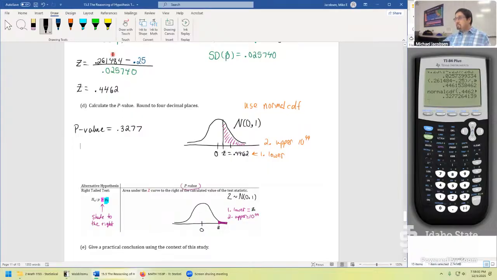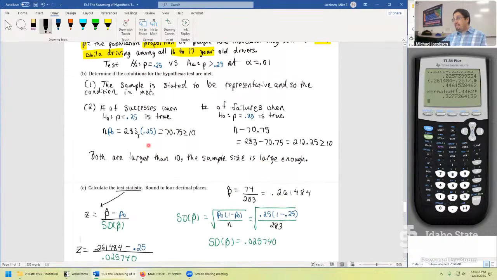It's saying our data is consistent with the assumption of the null hypothesis. It's not too different from what the null hypothesis said. But that doesn't mean we've shown the null hypothesis is true. We've been assuming it's true from the very beginning. We assumed it's true to compute the number of successes. We assumed it's true to get the standard deviation.